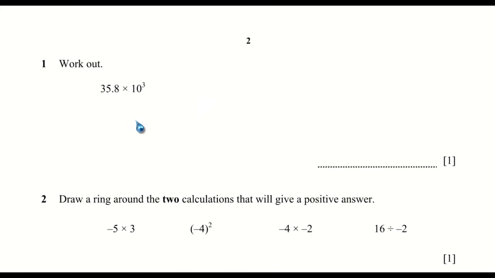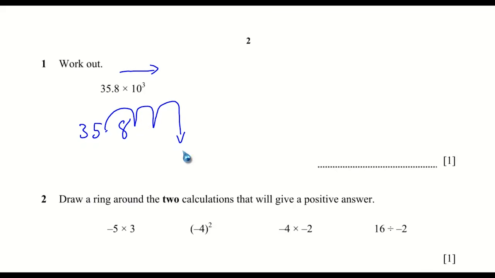Question 1. Work out 35.8 multiply 10 to the power of 3. Since the power is positive 3, we need to shift the decimal point towards the right, 3 times. So you have 35.8. Now this is the decimal point, so we shift it to the right hand side 3 times. So 1, 2, and 3.